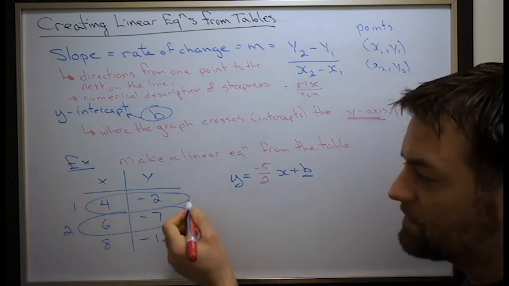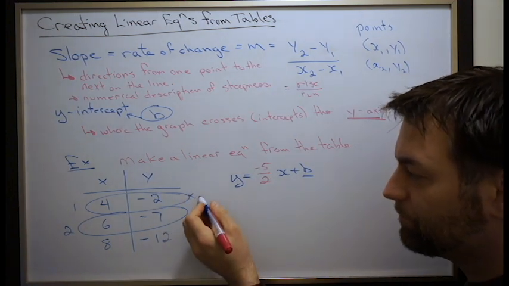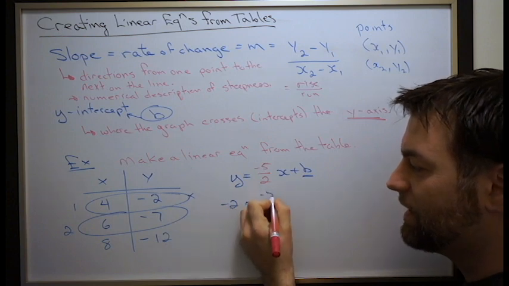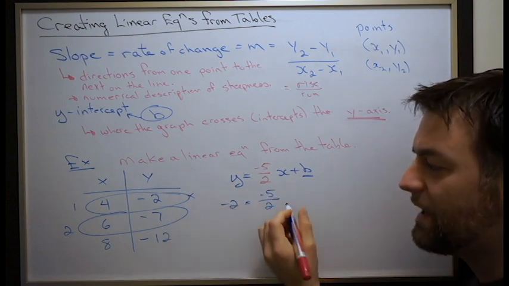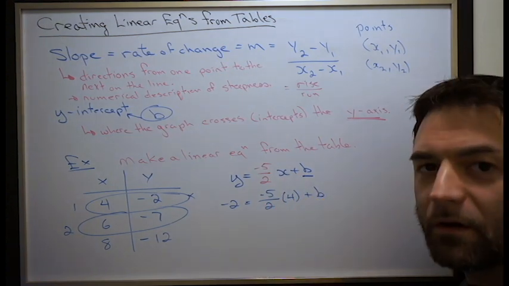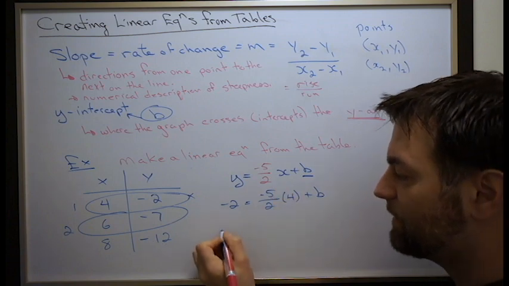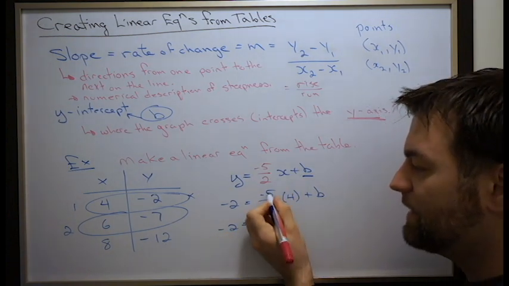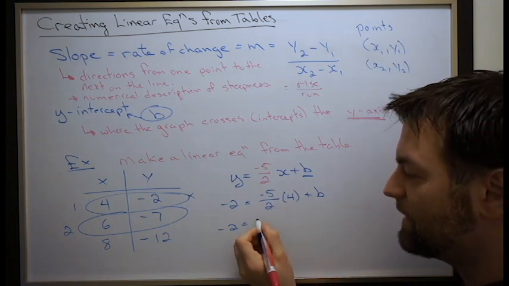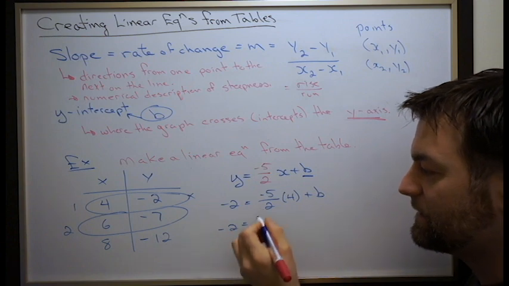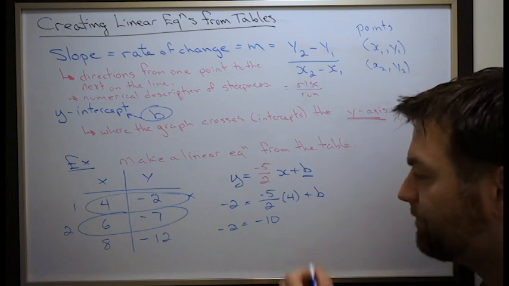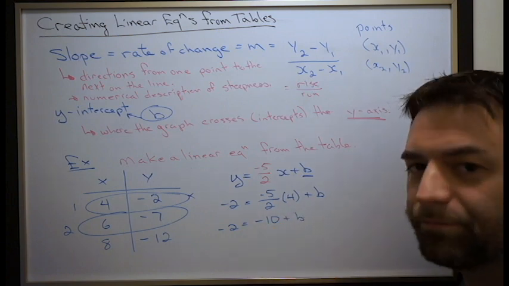So if we pick the small numbers here from point 1, I'm going to sub these in. So I have a y of -2, and I have my -5 over 2. My x in this case is going to be 4, plus the b. So we can simplify a little bit here. -5 divided by 2 times 4 gives us -10 plus b.